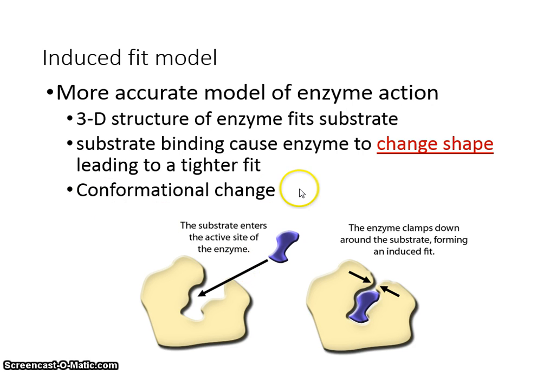So there's a conformational change in the enzyme itself, but it's only temporary. It's induced by the binding at the active site. Once the reaction is catalyzed, it goes back to its original conformation and the substrate is released. So this is the more accurate model of enzyme action, but they're both valid in their own ways.